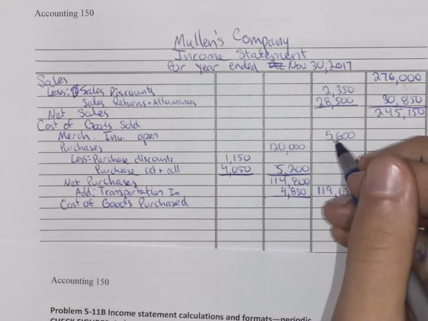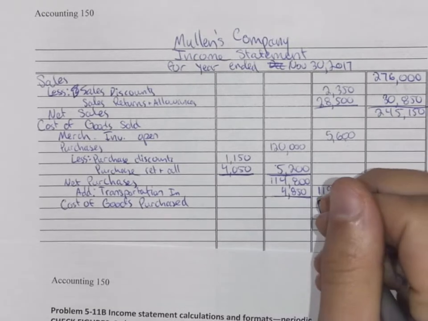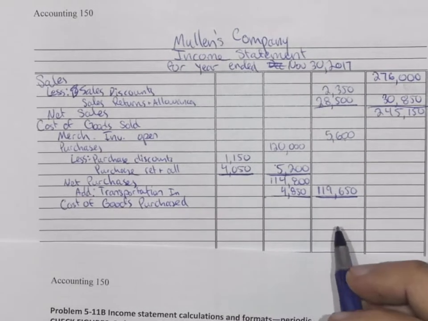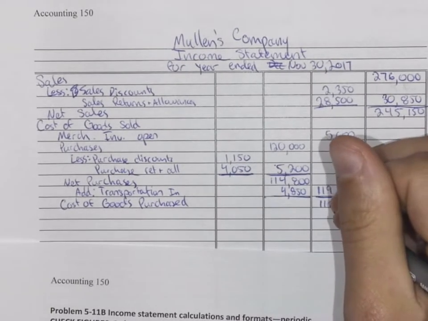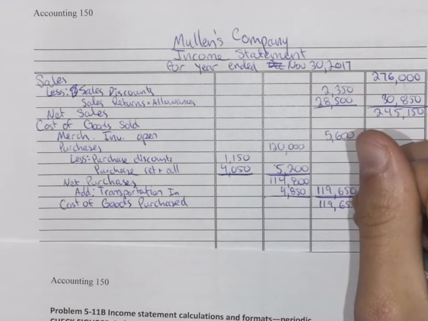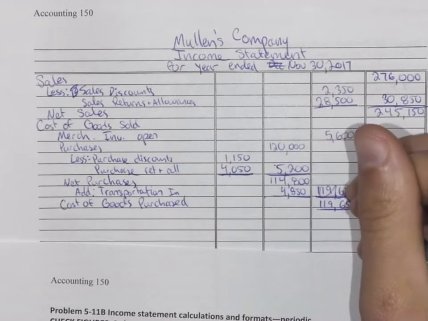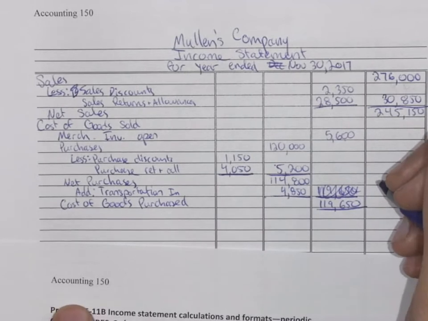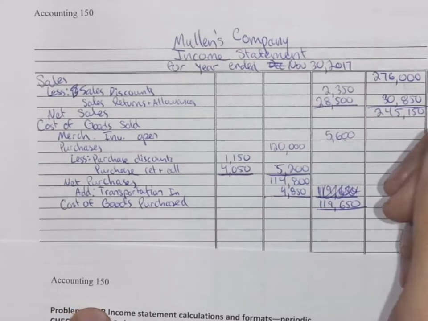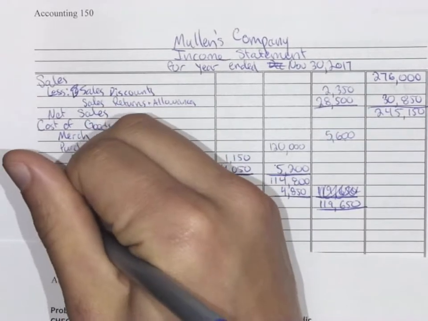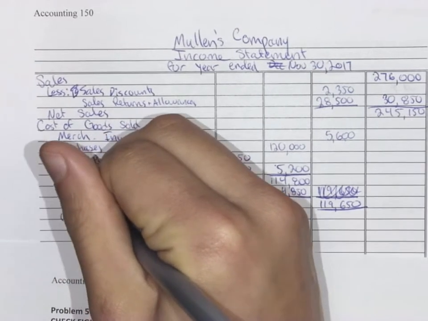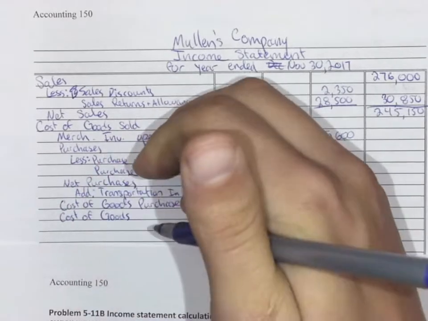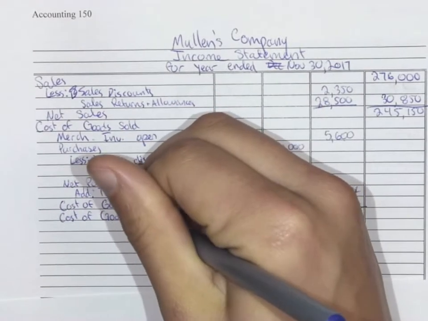Now when we add up our merchandise inventory opening balance and our cost of goods purchased, which, whoops, should be actually right here, we get our cost of goods available for sale.